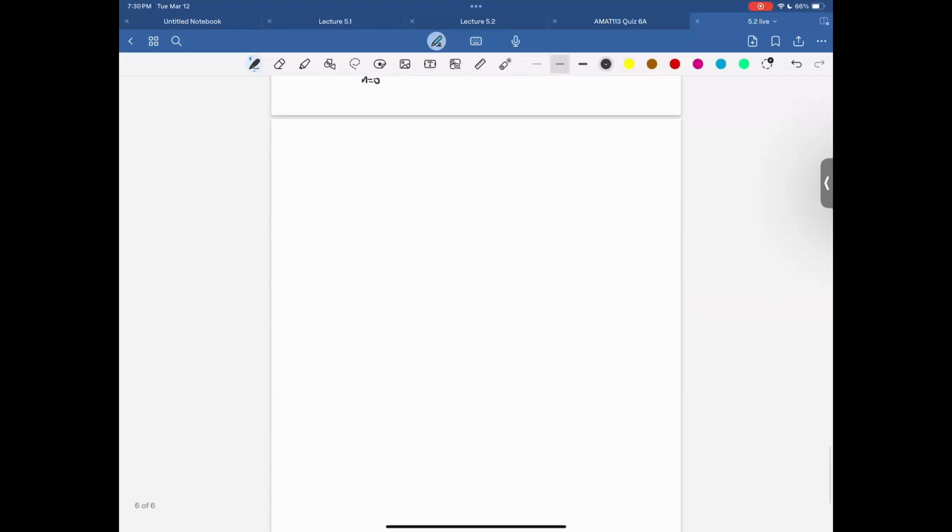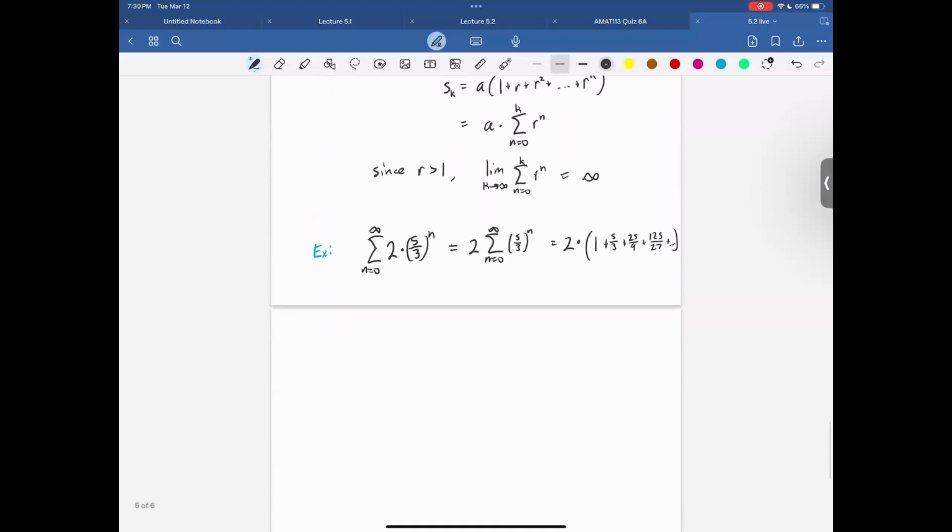Now, the next case is really the same case. So case 2 is if r equals 1. And this will also diverge for pretty much the same reason. So if we have our series, there's going to be some a times 1 to the n.